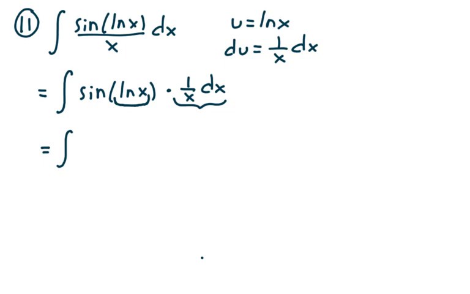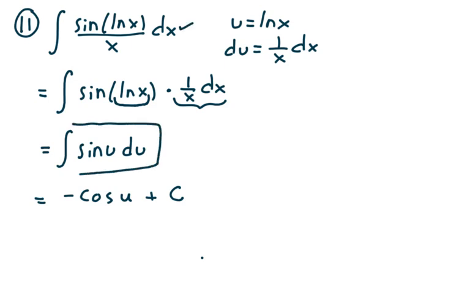And so this is the integral of sine of u du. And then this is negative cosine u plus c. The substitution rule transforms something that doesn't look nice into something that's a bit more user-friendly to integrate, in a nutshell.